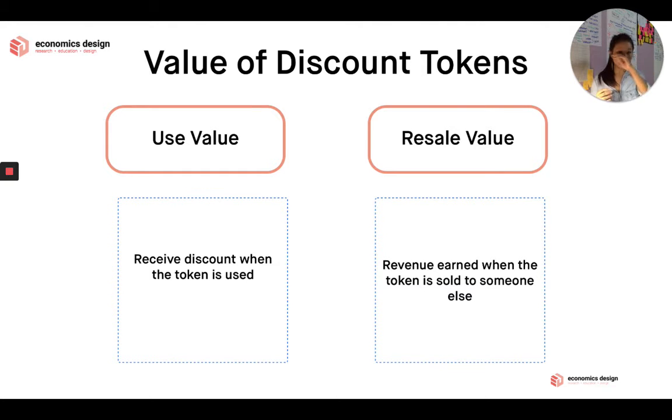So a new person comes into the country and wants to be a cab driver, and so he wants to buy the medallion off you, and if you get profits in the resale, that's where your value can come from. So the medallion is sold, and the difference in prices is your revenue. In the same way, discount tokens also work like that. You can sell your tokens and earn revenue from that.